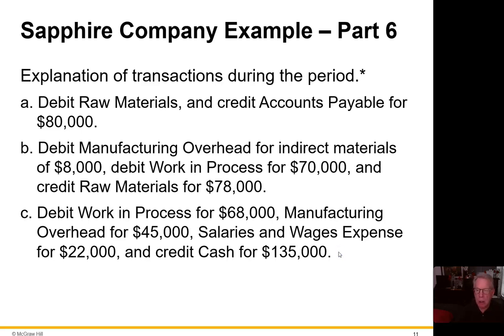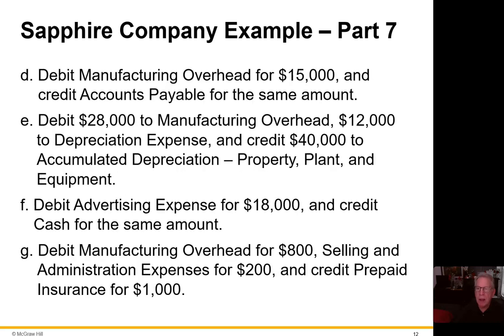That was our debit to work in process for the jobs that we incurred during that period. Then we're going to debit for actuals under Delta here, our manufacturing overhead for $15,000 and credit accounts payable for that same amount.